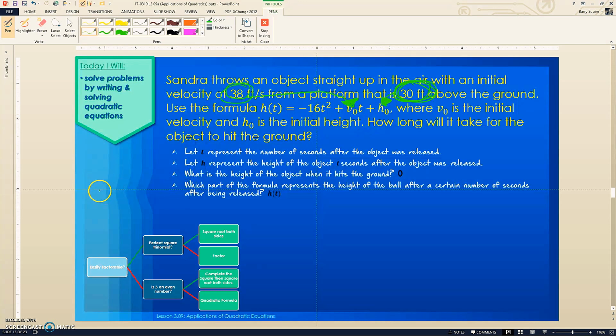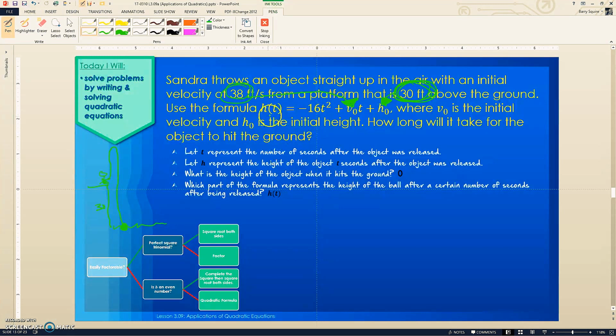So it's kind of like Sandra's standing on a platform that's 30 feet up in the air. And here's Sandra. And so she throws the thing, and then it comes back down, and here's the ground. So that's why our ground is 0.